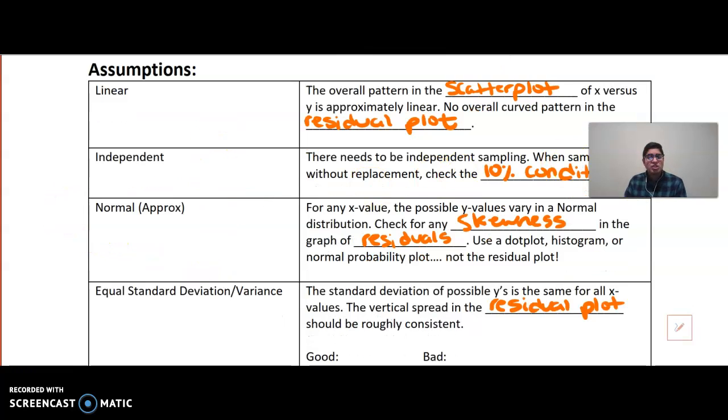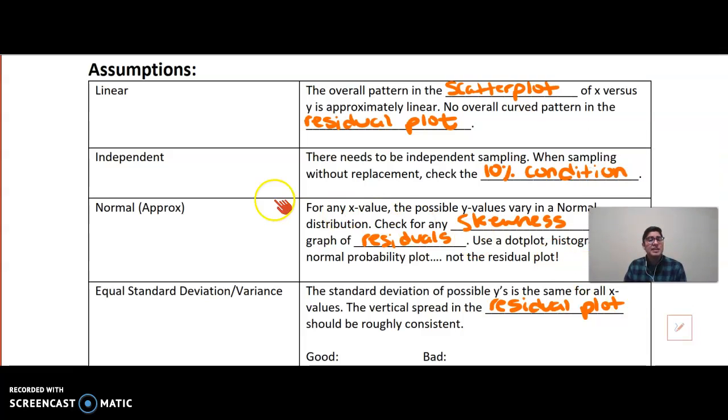The first condition, L, is linear: the overall pattern in the scatter plot of x versus y should be approximately linear, and there should be no overall curved pattern in the residual plot. So in the scatter plot we want a pattern, and we want our residuals to rebel. We don't want any type of indicative pattern in the residual plot. Next up, independence needs to be done through independent sampling.